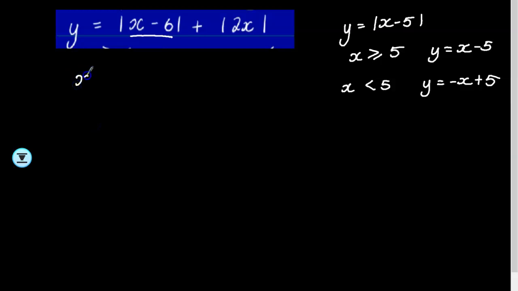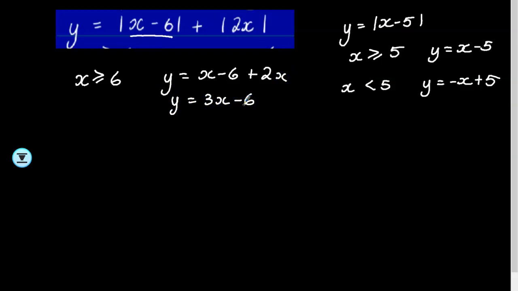when x is greater than or equal to 6. Would you agree the modulus has no effect on this whole function? So that would just be y equals x take 6 plus 2x, and we would end up with y equals 3x take 6.